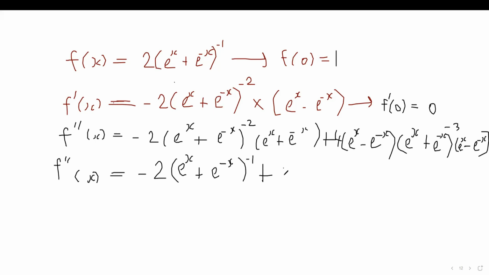So we can just write it as plus 4 times in brackets e to the x minus e to the minus x raised to the second power, multiplied by e to the x plus e to the minus x, raised to the negative third power. No need to plug in 0. Plug in 0 for me now, real quick.